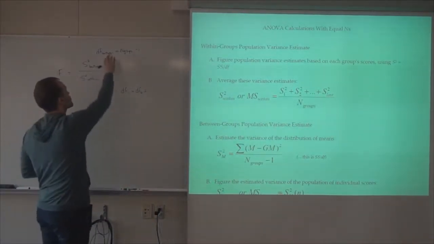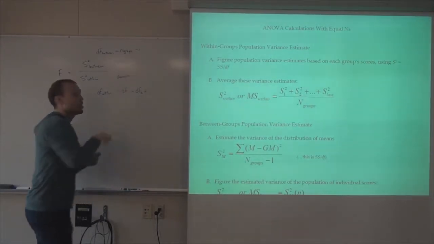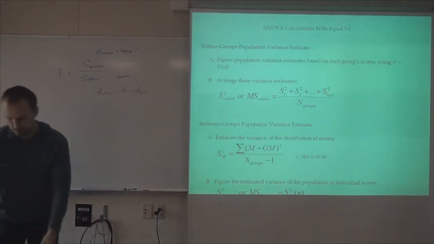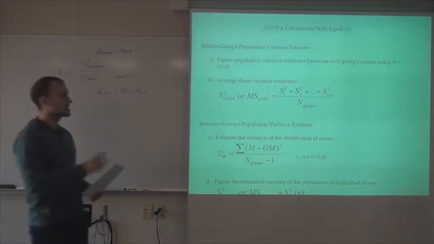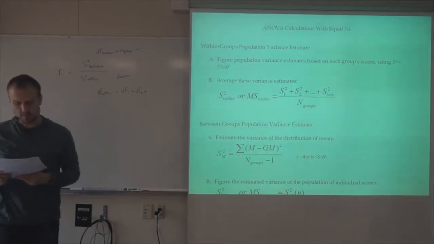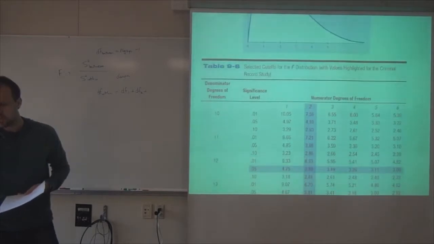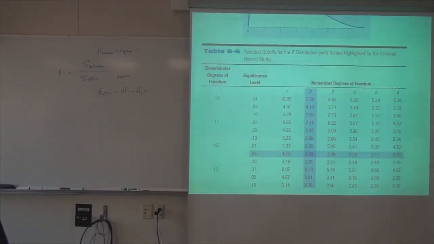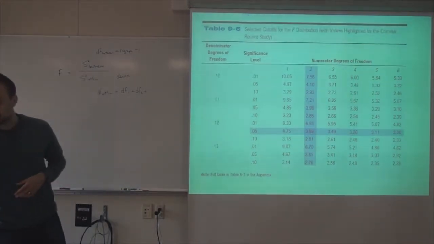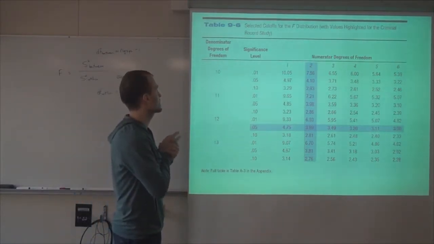So I have a numerator and the denominator. So for both of those I need to look up my F scores, my F cutoff value. I'll need both of those in the distribution. So when I look at something like page 678, I'll see something like this, where the distribution table now looks a little more complicated.